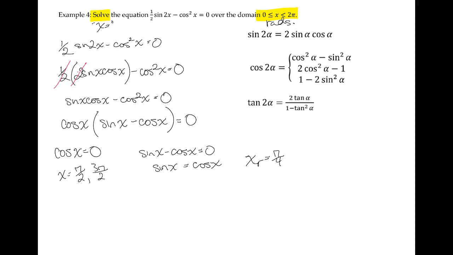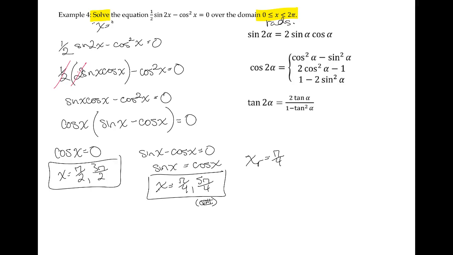So in quadrants 1 and 4, which means that x is going to be pi over 4, but also 5 pi over 4. And again, that's quadrant 3 when they're both negative. And that's how I would solve this. You could try a different method, but I promise you this is probably the quickest one, the simplest one, the one that's going to give you the least amount of headache.